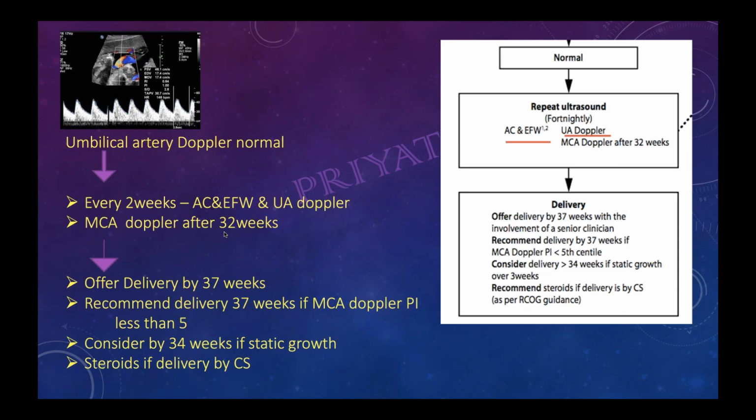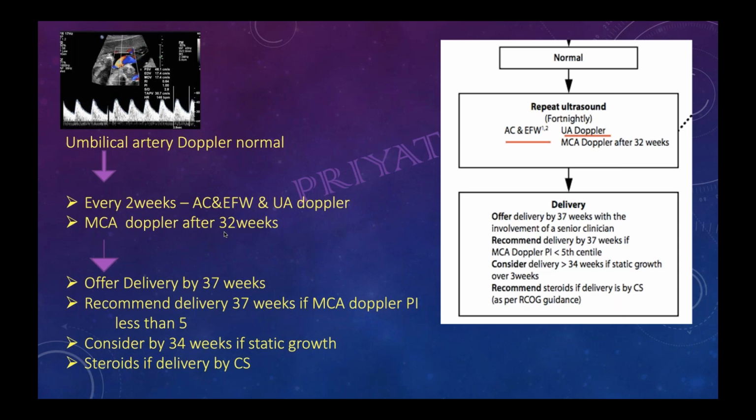You will find many questions that will be answered only from this table. So I'm repeating the thing again. Umbilical artery Doppler has come normal today. Call your patient after 2 weeks, because you have to do AC, EFW and UA Doppler every 2 weeks.